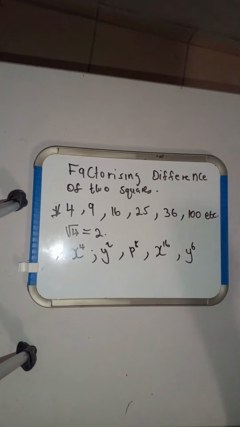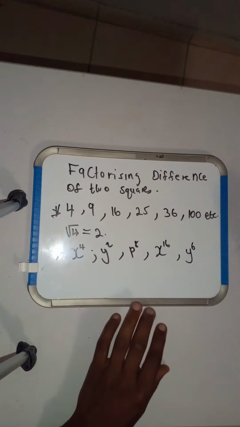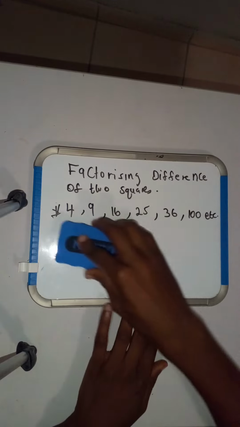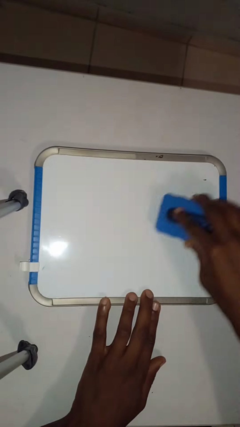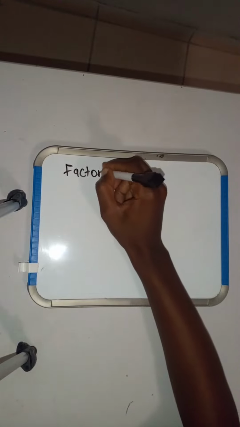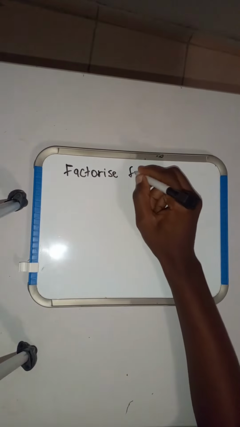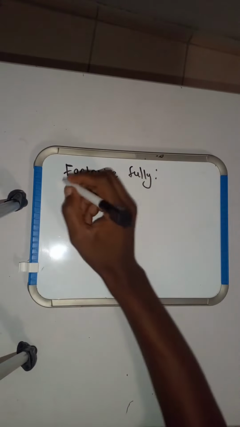Right, now let us do the factorization of a difference of two squares. We need to factorize the following fully.